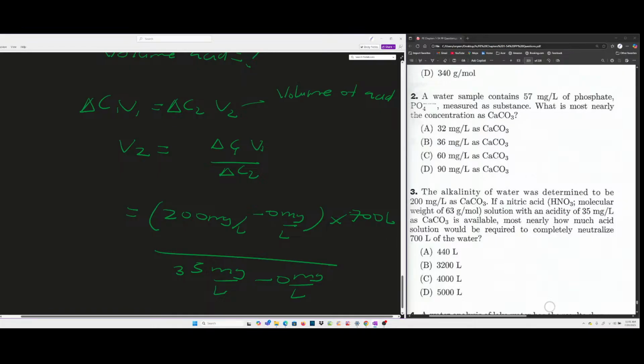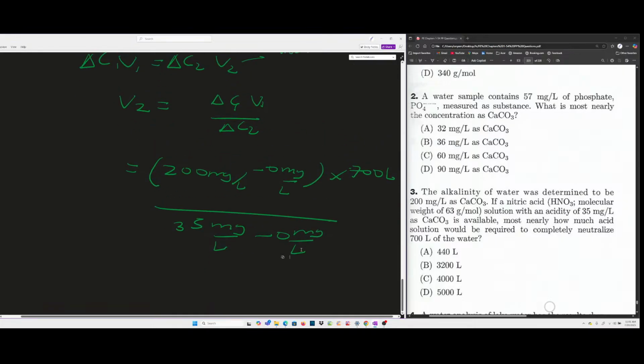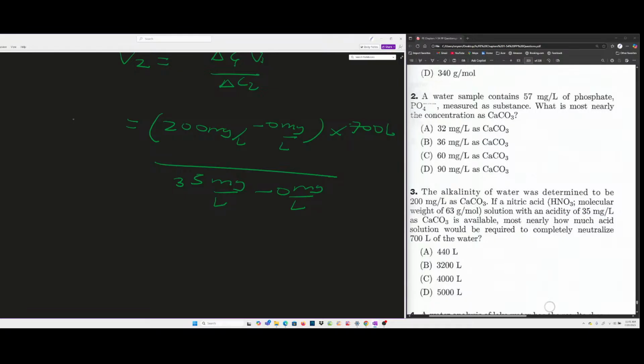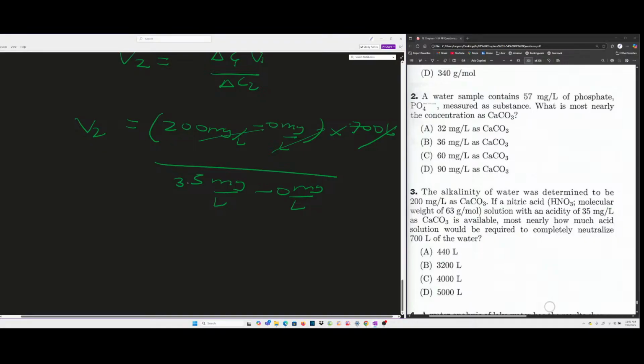We're looking at the volume of the acid, V2. So all these milligrams per liter are going to cancel, and I'm looking at this, so this is going to be fine.